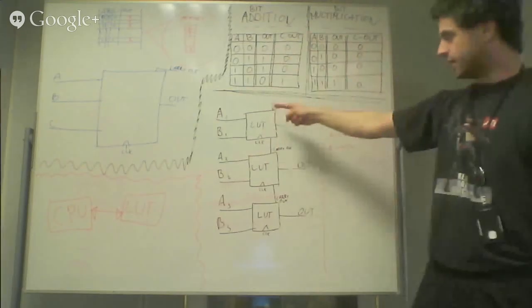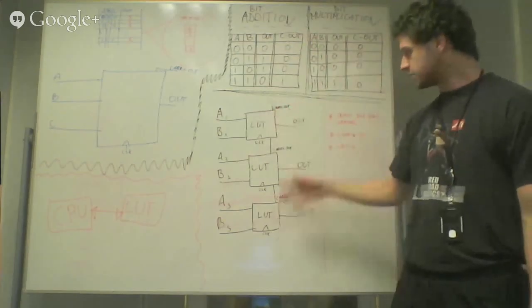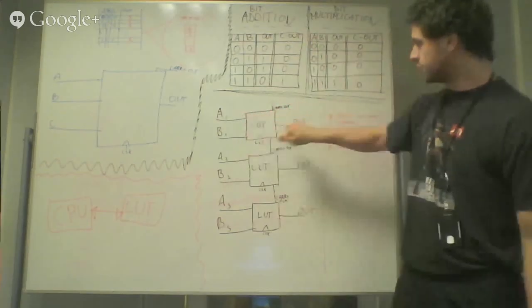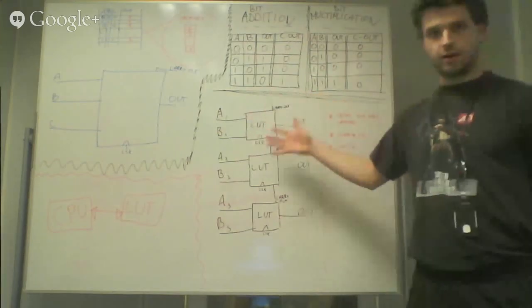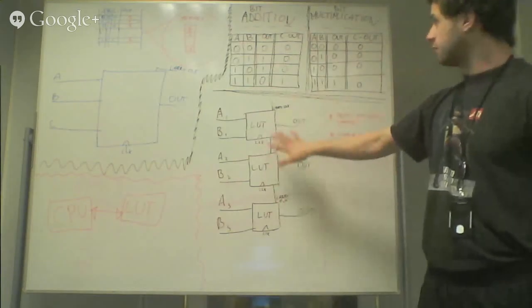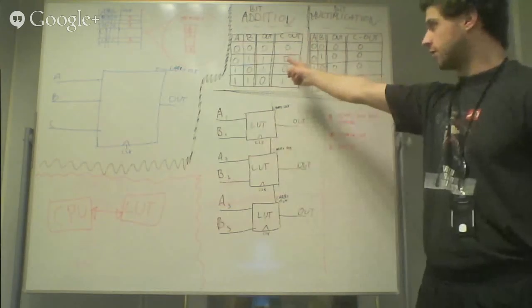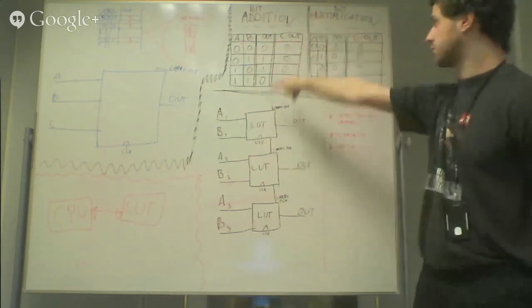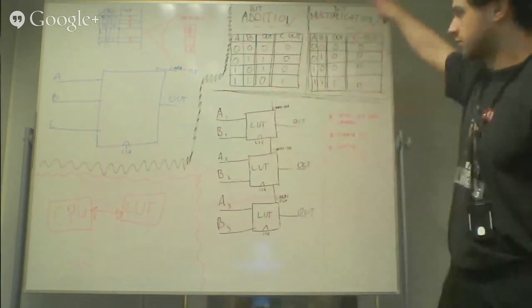So here I have drawn 3 gates, each with 2 inputs, 1 output, and 1 carry output. If you want all of these to do addition, you could use this lookup table, or this information could be in the lookup table. If you want all of them to do multiplication, this could be placed in the lookup table.